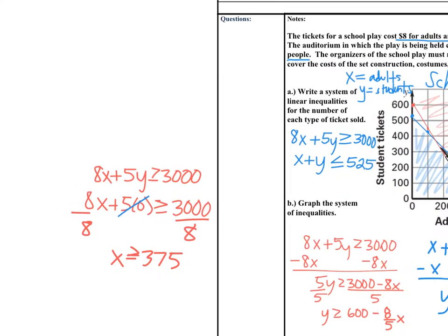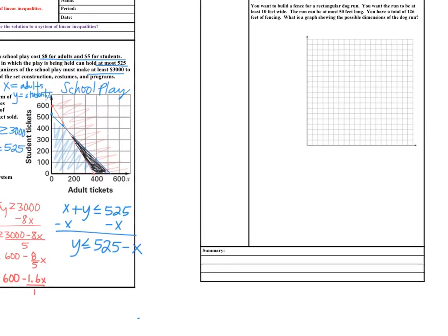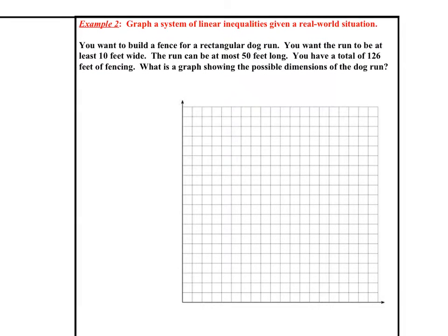All right, let's move on. I want you to go ahead and read through this and underline what's important, please. You want to build a fence for a rectangular dog run.